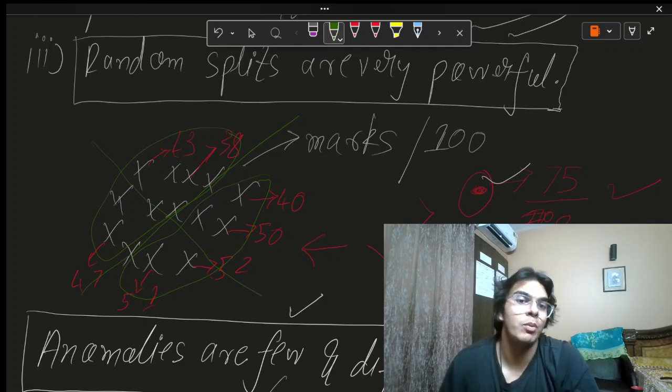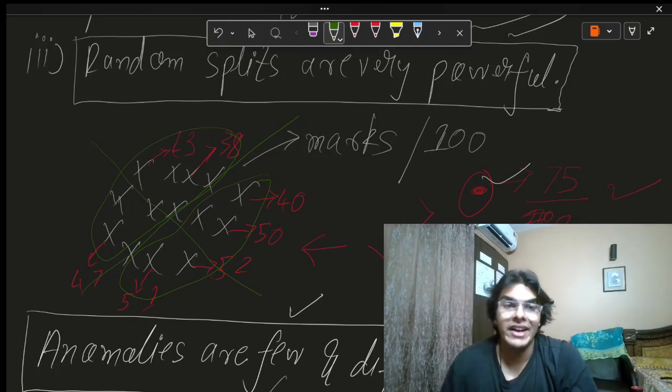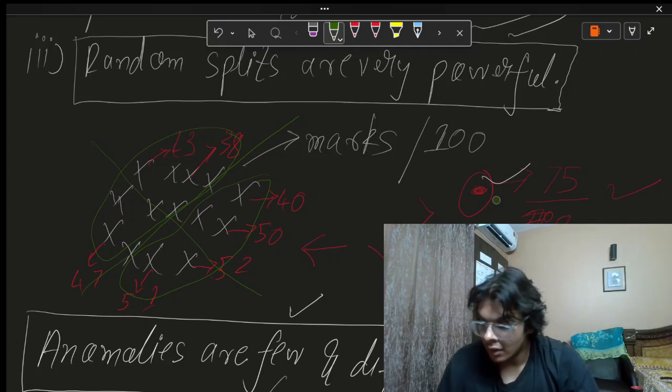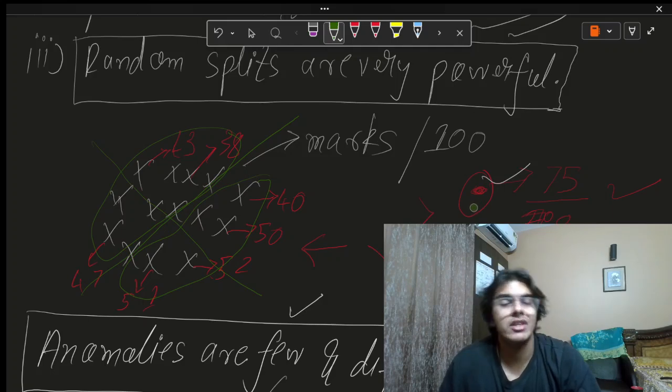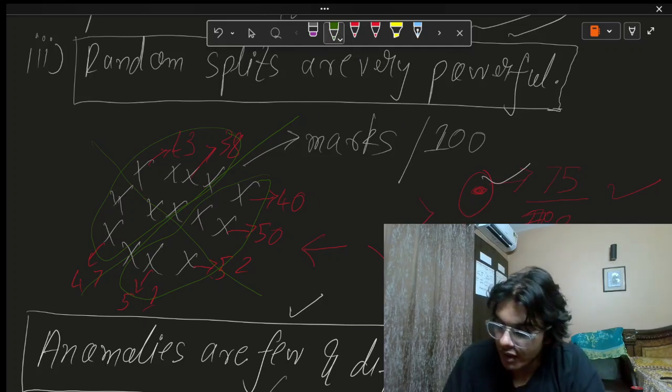Still it is not going to be a problem because all of the points in the four different places are still very dense. These dense points are not affected by the splits. The issue is that the anomalous points are affected by these splits, which is why it is easier to detect them with random splits. That is the number one reason why these random splits are very powerful.